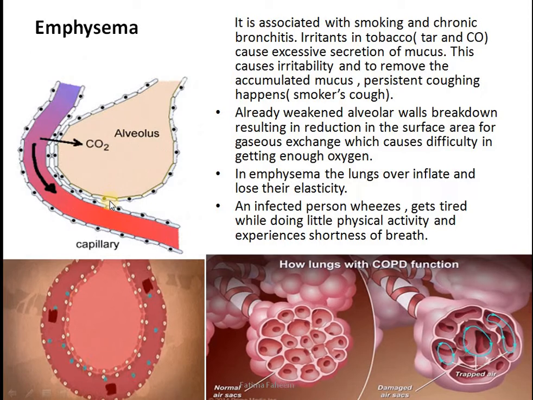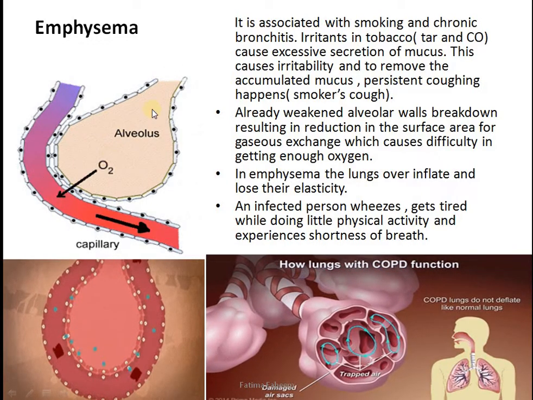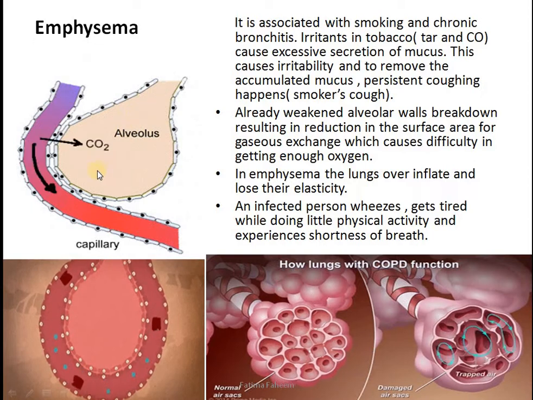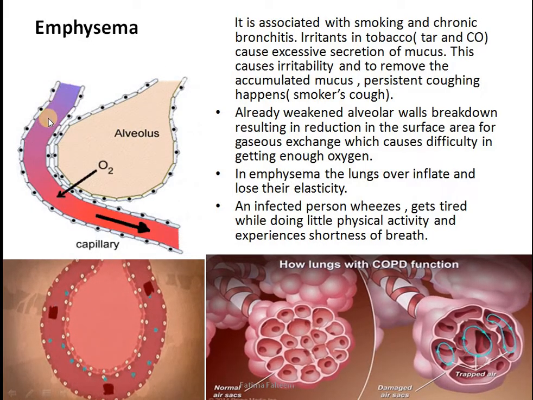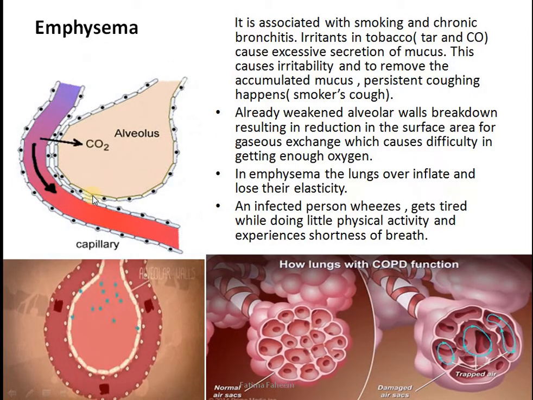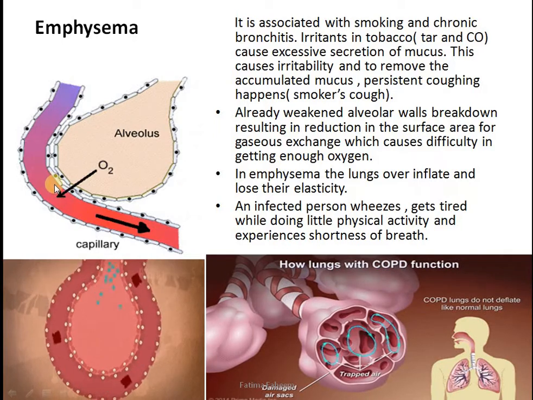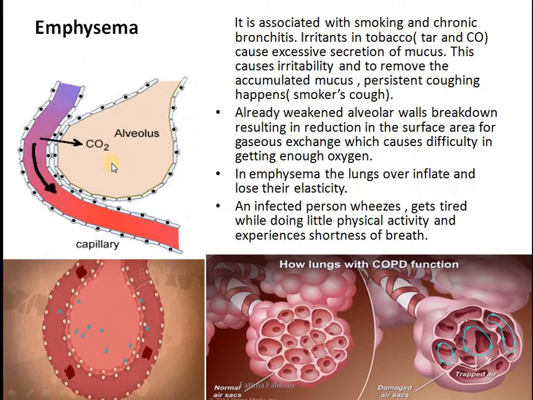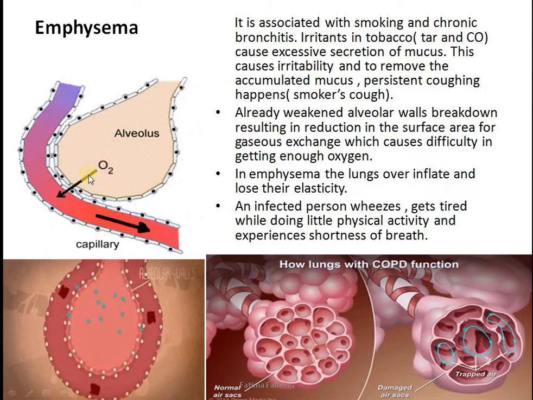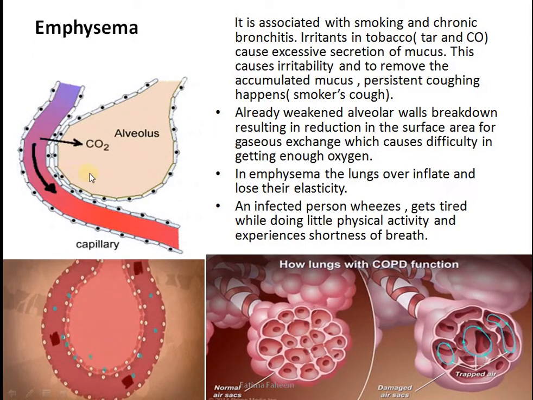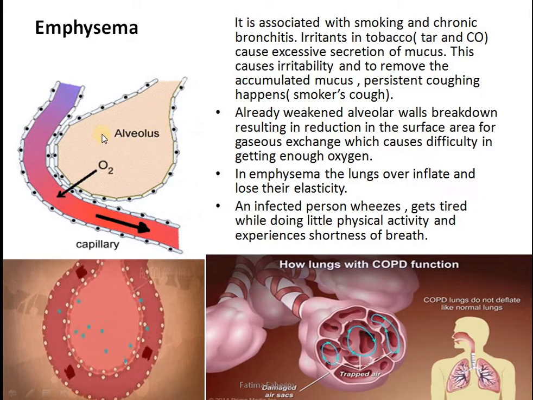If you can see in the diagram here, the alveoli is containing air which is freshly coming from outside and is rich in oxygen, while deoxygenated blood in the capillaries is moving around the alveoli. Oxygen goes into the capillary and carbon dioxide goes into the alveoli by simple diffusion. And this exchange of gases is happening because of the normal structure of alveoli here.